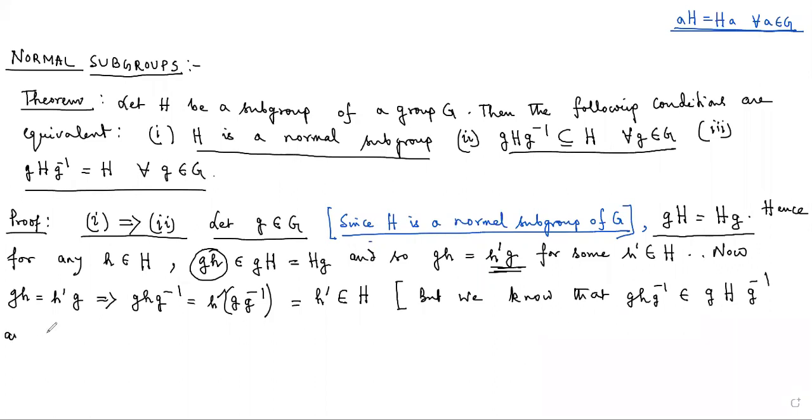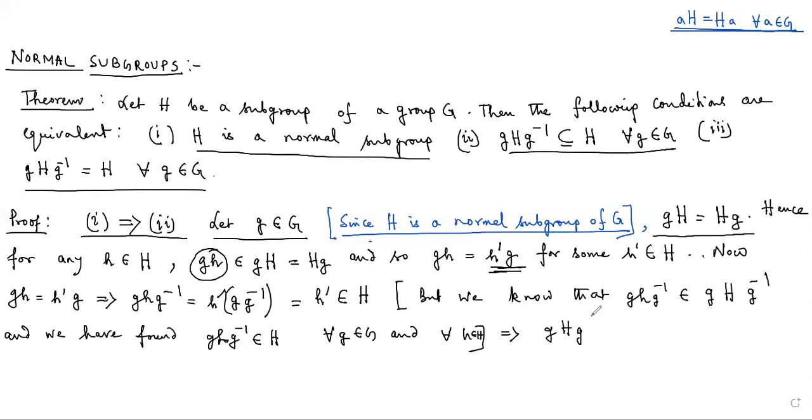And we have found that this sort of element g h g inverse also belongs to capital H, and which is true for all g belonging to G and for all h belonging to H. Okay, and this implies the set g H g inverse is a subset of capital H. So we started with condition 1, that H is a normal subgroup, and we have got the condition given in serial number 2, which is saying that g H g inverse will be a subset of H.